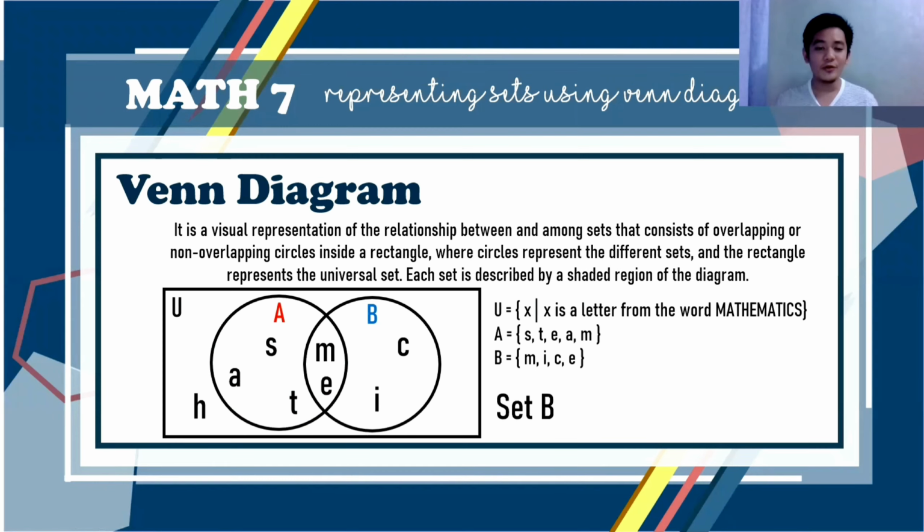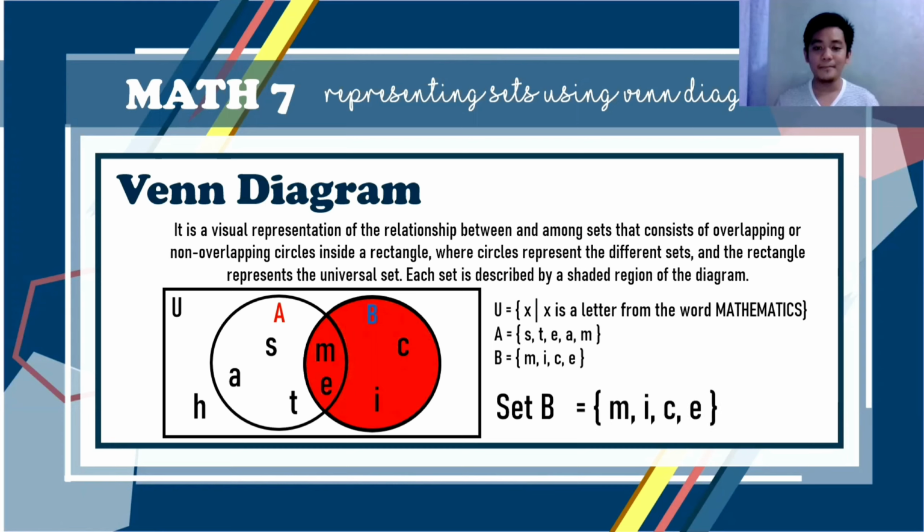Set B. How are we going to represent our set B? That is correct, by shading the whole circle of B, where it shows that the shaded region contains the elements of B, which are M, I, C, and E.